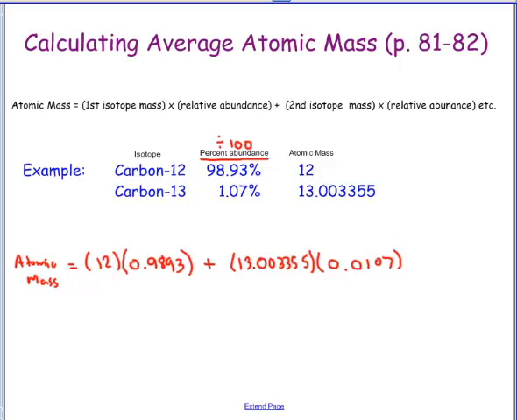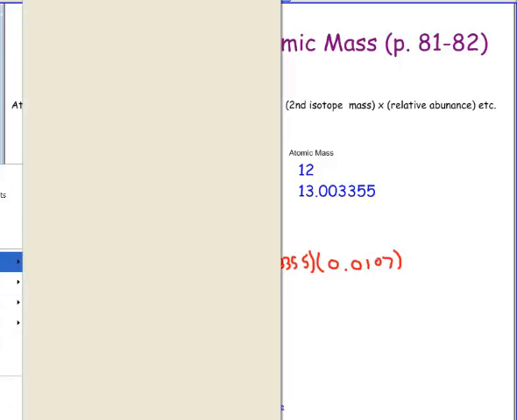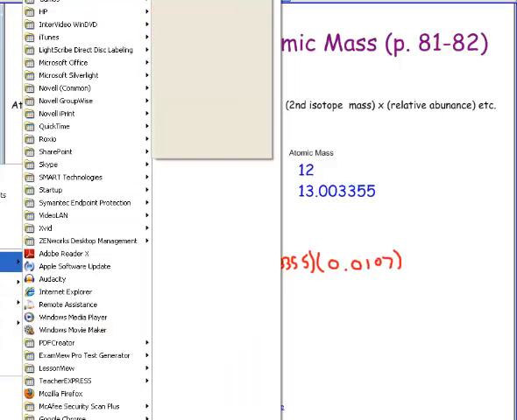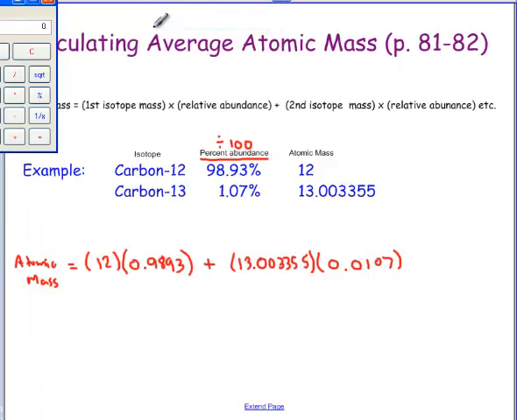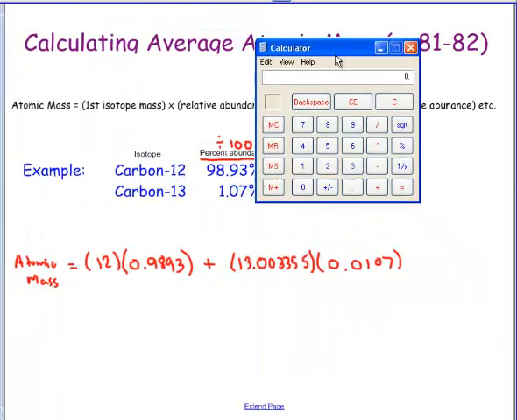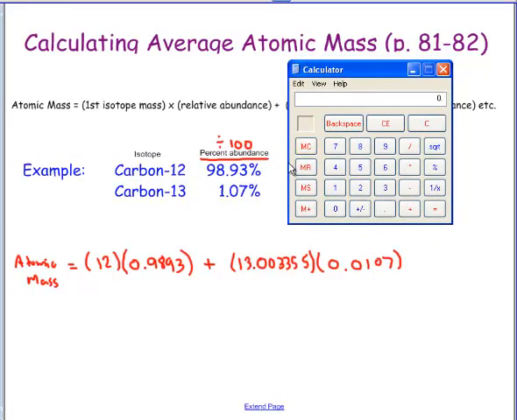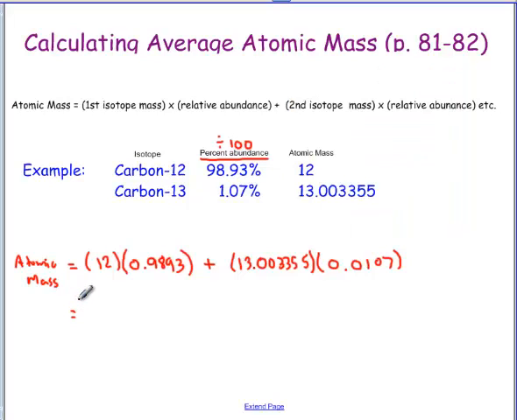And then I need to take out my calculator. So let me pull up my calculator really quick. Hopefully your calculator is quicker to find than mine was. And then I need to calculate what this is. Now, this calculator I have doesn't have parentheses, but your scientific calculators will, so it'll be really quick and easy to solve this. So I might have to do this in 2 different steps.